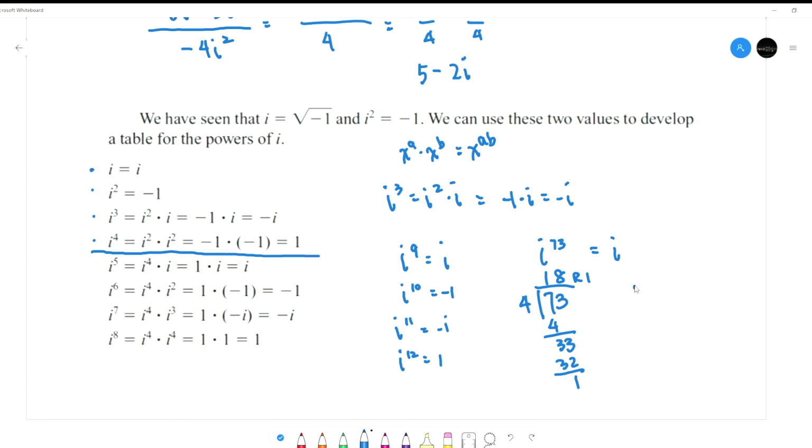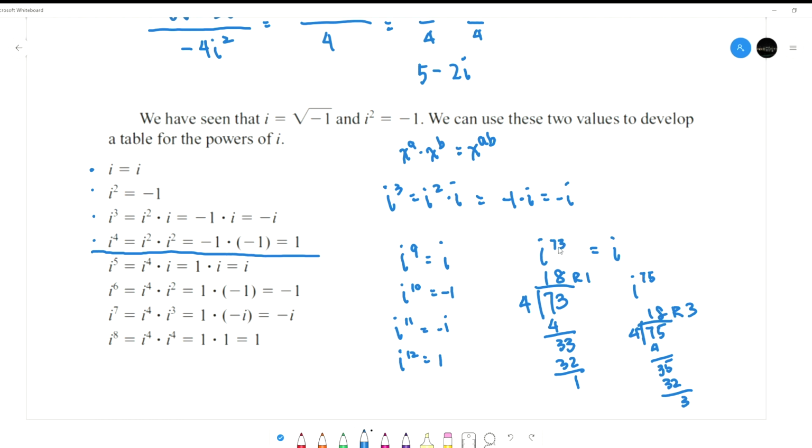If I gave you i to the 75th power, I would do the same thing, 75 over 4. Oh, shoot, sorry. This is 4, 3, 5, and this is 32. So the remainder is 3, right?